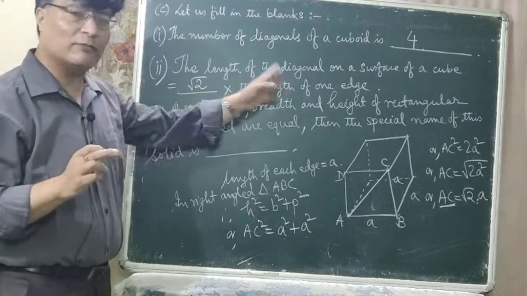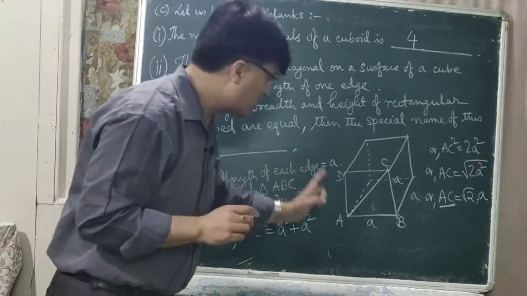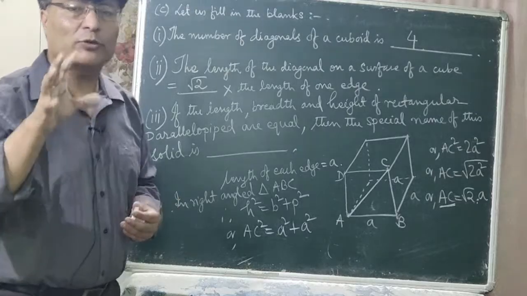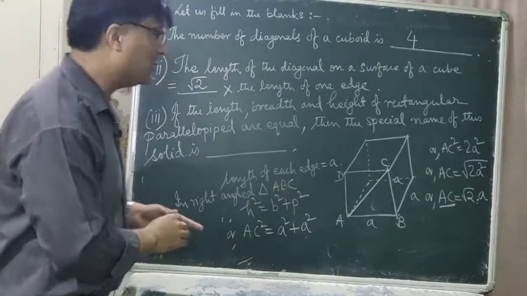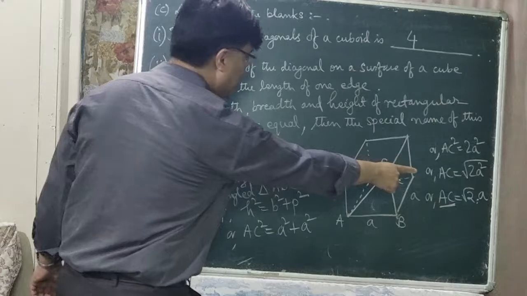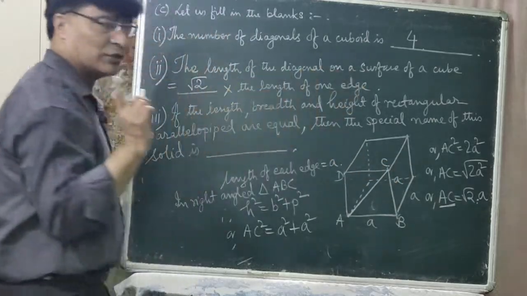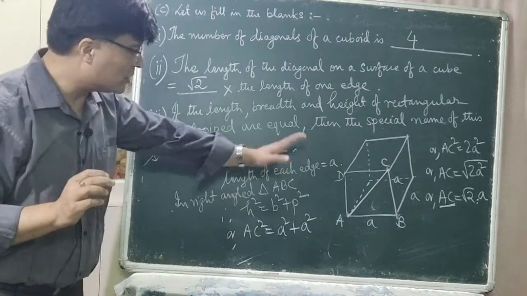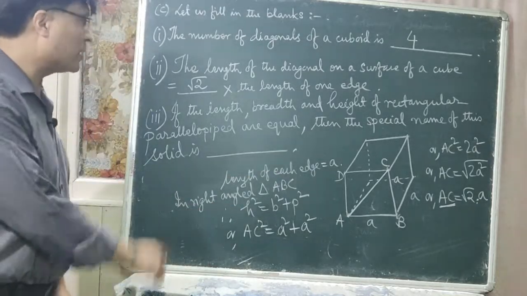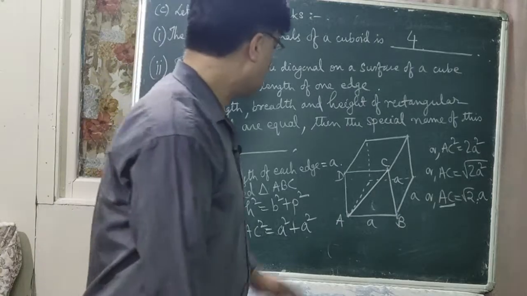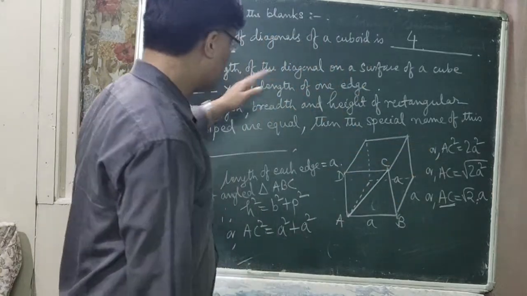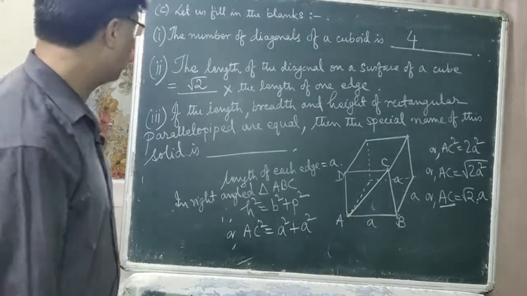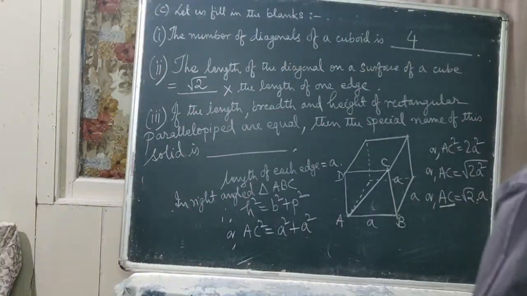It is √3 into length of one edge. तर what is the length of the diagonal on a surface of a cube, एउटा क्यूबको एउटा surface मा? It is √2 into a, भनेको the length of one edge. Is that clear? So this is your answer. I think you have understood it, okay. तिमीले यो copy गर्न सक्छौ, यो √2 कसरी आयो यो मैले बुझाएको हो। त तिमीले copy गर्नु.